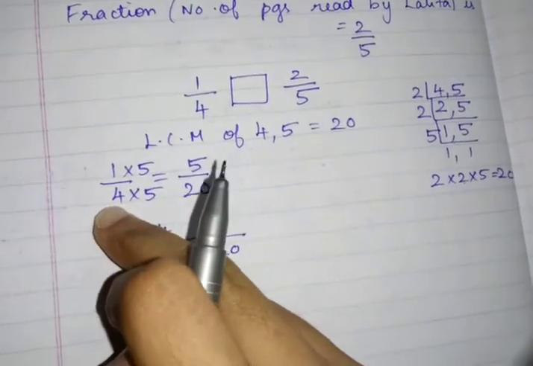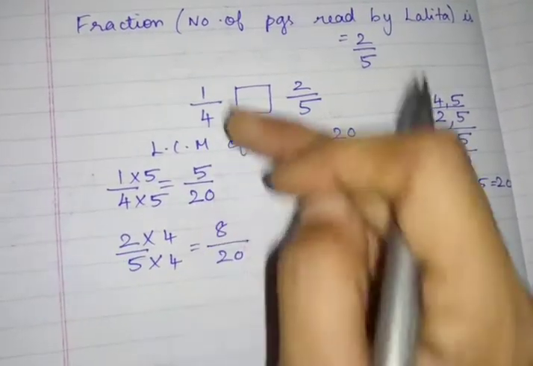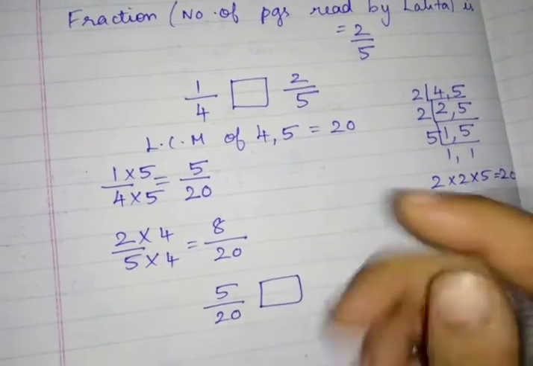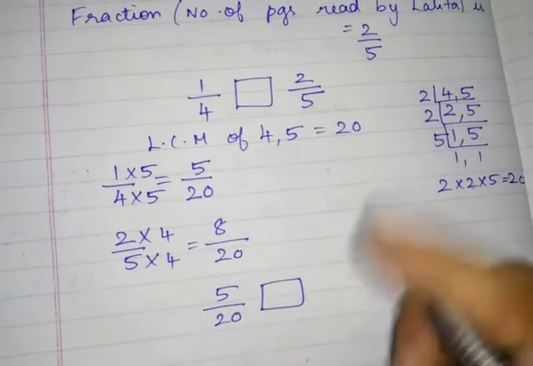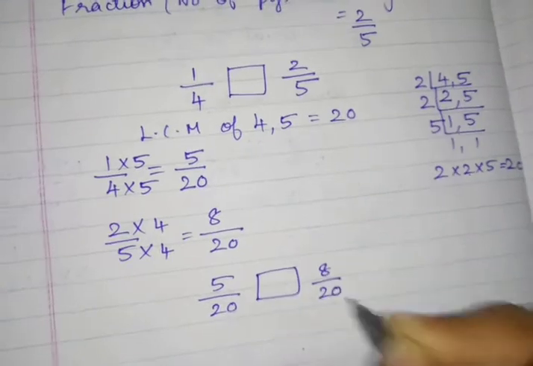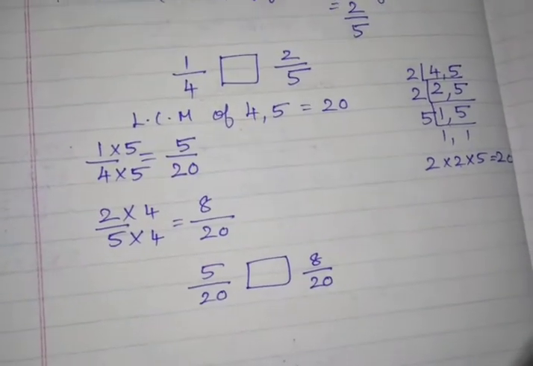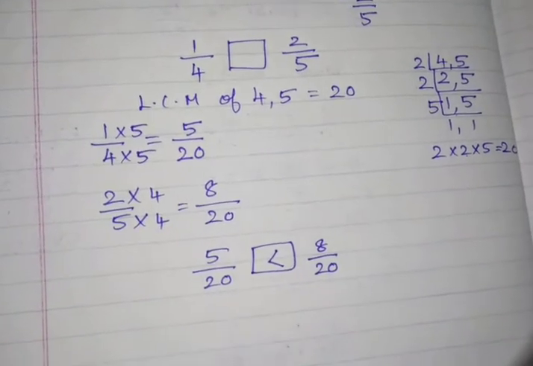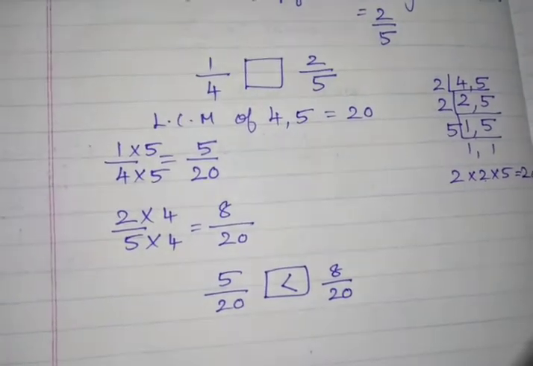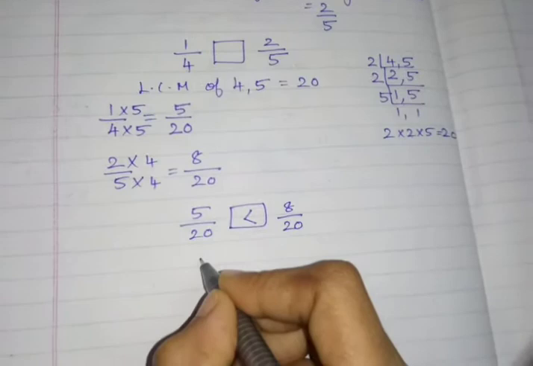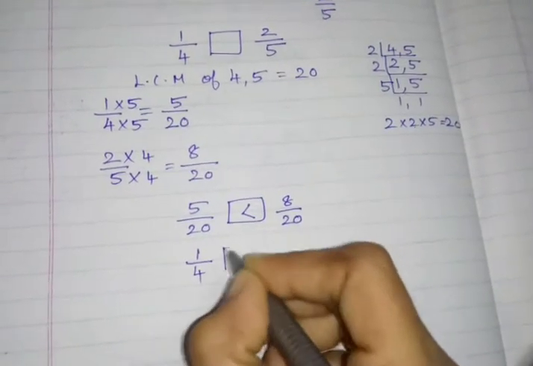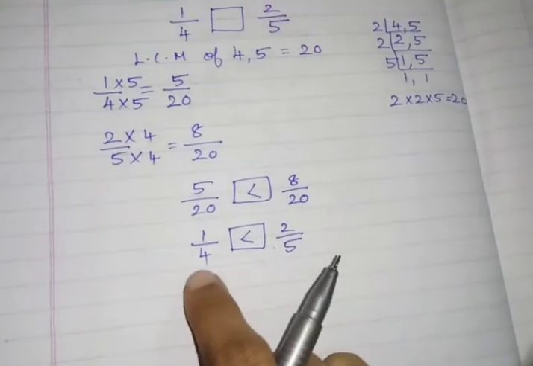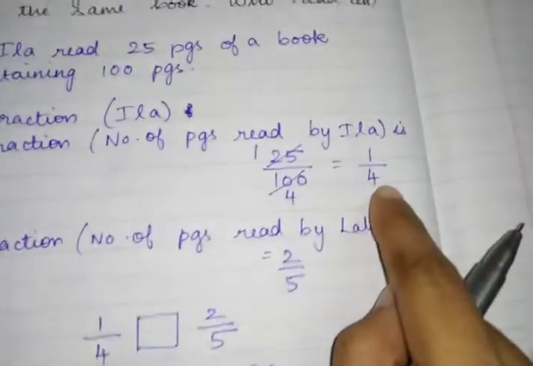So instead of 1 by 4, I am going to write 5 by 20. Then instead of 2 by 5, I am writing 8 by 20. So in this, which is greater? 8 by 20 is greater. So obviously 1 by 4 is less than 2 by 5. So 1 by 4 is whose fraction, children?